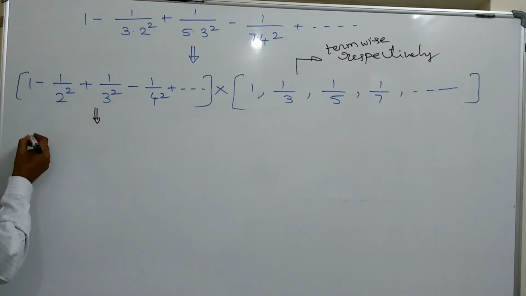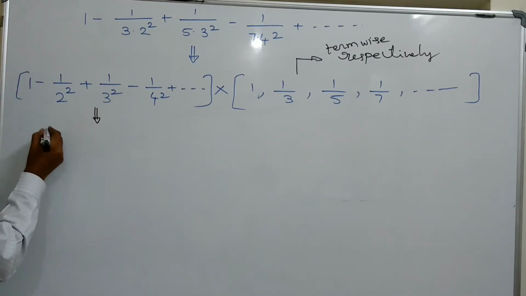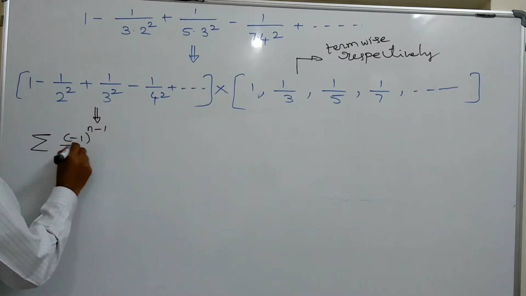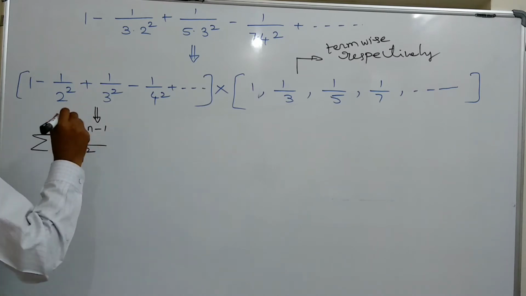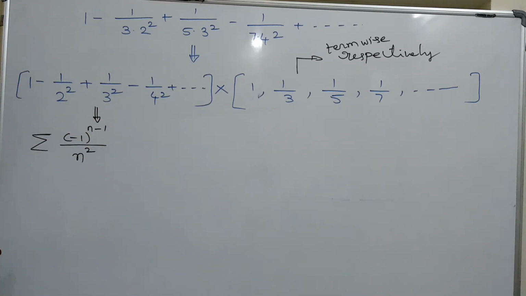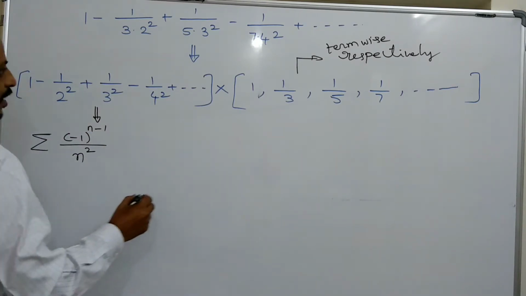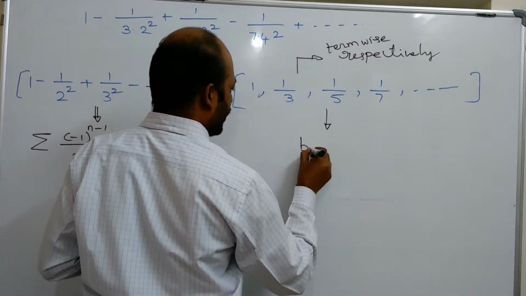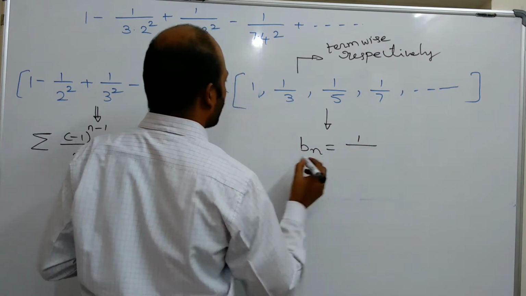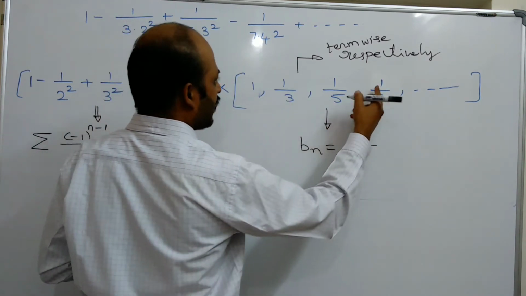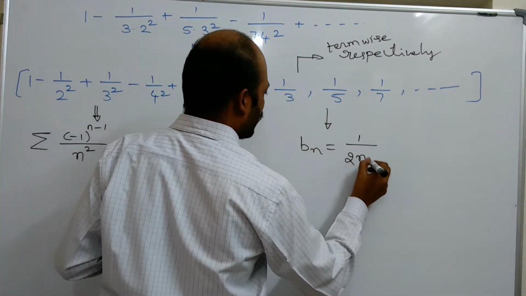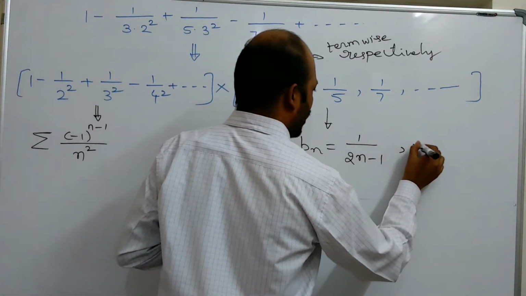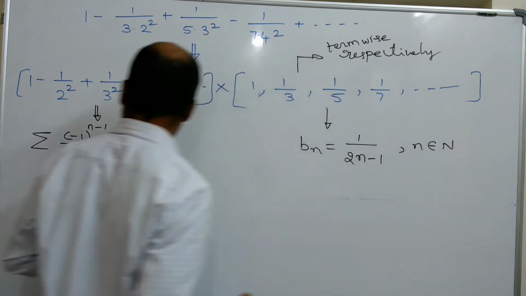This is an alternating series, minus 1 power n minus 1 by n square, and this sequence bn is 1, 1 by 3, 1 by 5, 1 by 7, that is 1 by 2n minus 1, where n belongs to capital N.